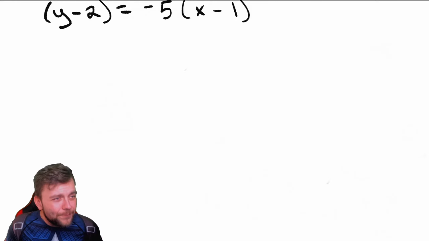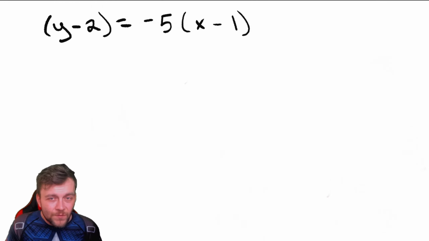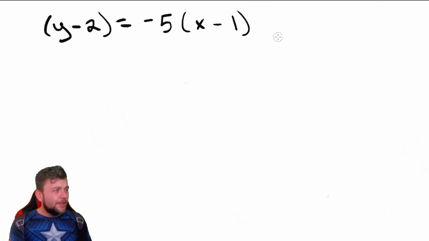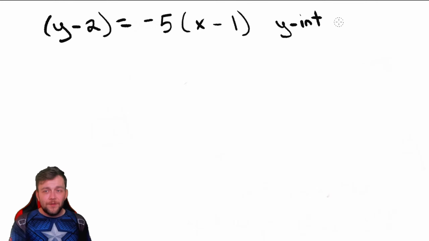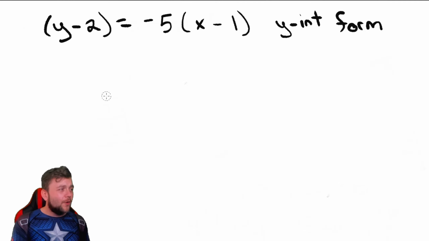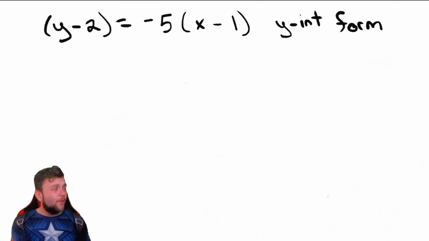Where's my cursor? There. And then I'm asking you to write this in y-intercept form. Okay, so how do we go about doing that? How should we write this in y-intercept form?